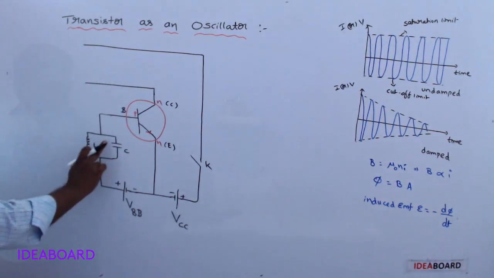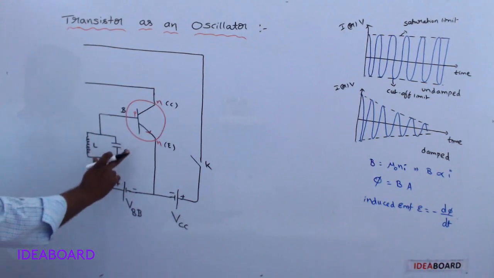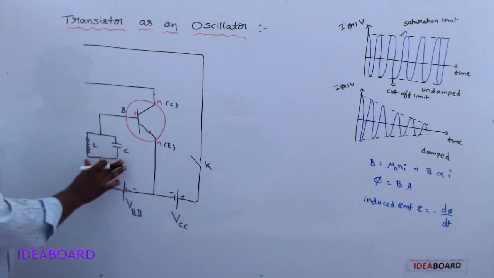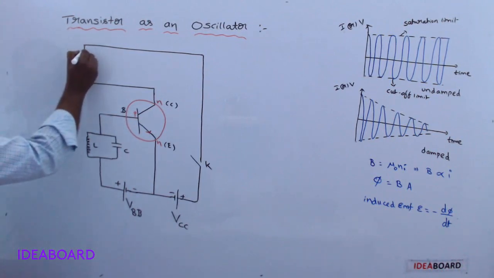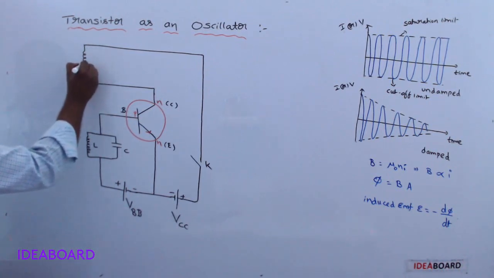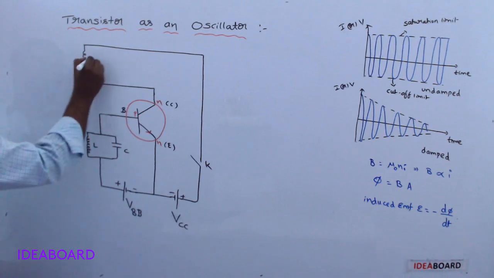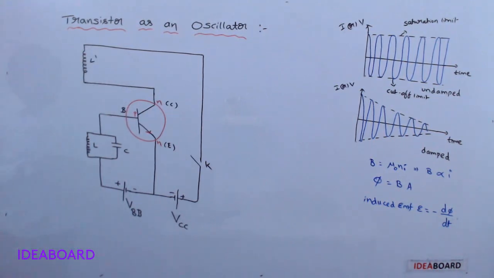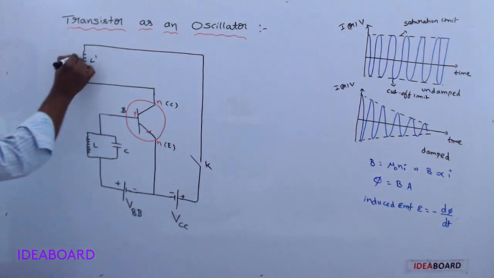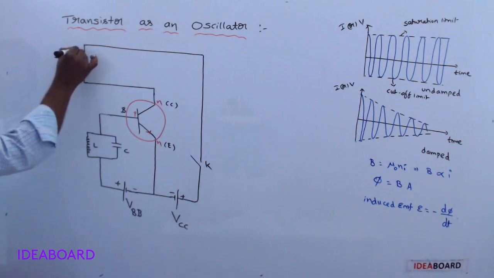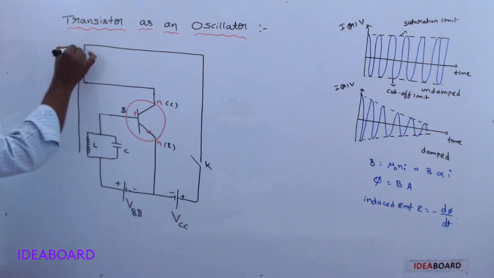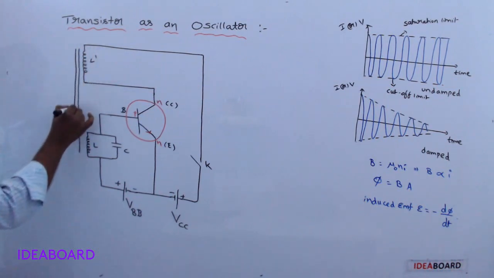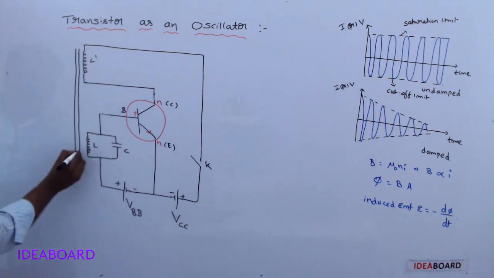That is nothing but an LC circuit or tank circuit. And here you take another inductor, called L dash. Now these L dash and L are wound over a soft iron cylinder.